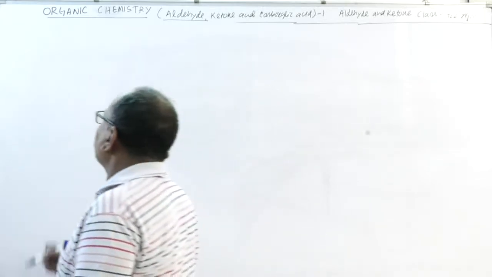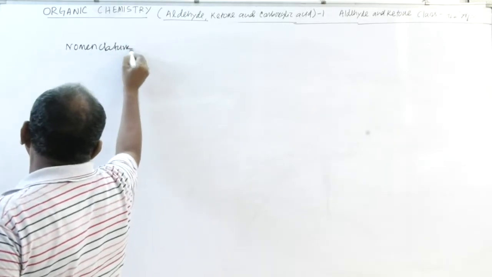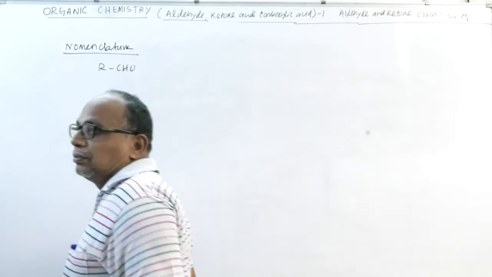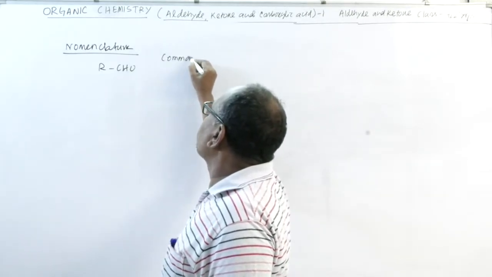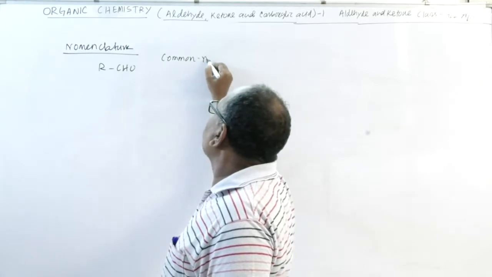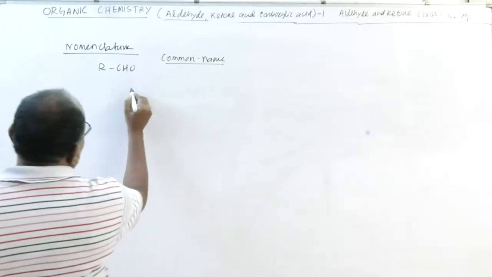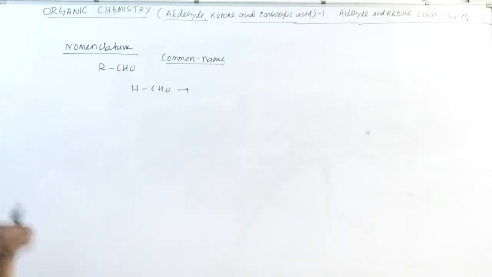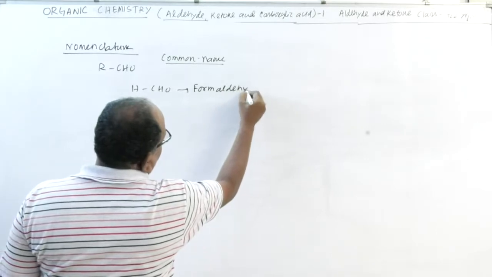Next come to nomenclature. Particularly aldehydes are CHO. Generally in common names, the common name is derived from the source. For example, HCHO, the aldehyde containing the least carbon atoms, one carbon atom, is called formaldehyde.